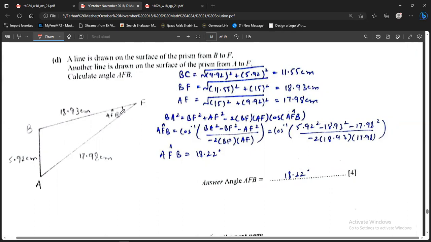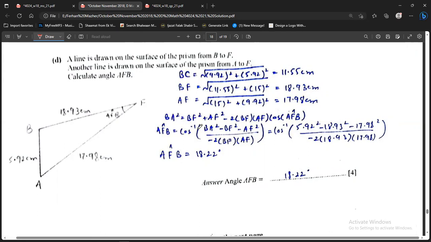I want to find out this angle F. So I know this is 18.93. I know this is 17.98. I know this is 5.92. We just calculated the AB. So I can apply the cosine rule to find this angle.